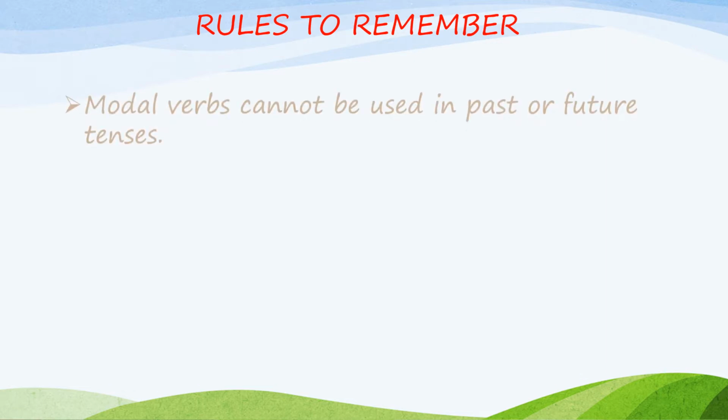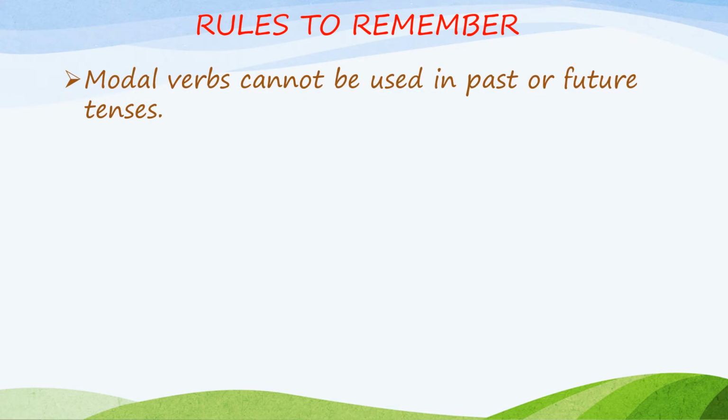After meanings, here are some rules to remember. Let's see what the first rule is. Modal verbs cannot be used in past or future tenses. So the remaining tense is present tense. So here the meaning for the first rule, modal verbs are used only in present tense.